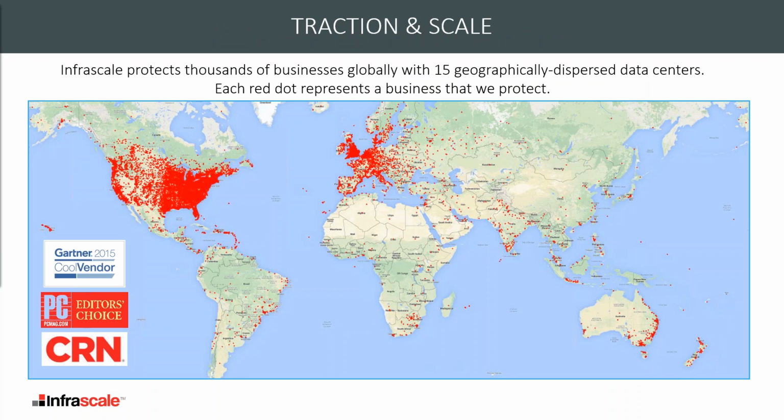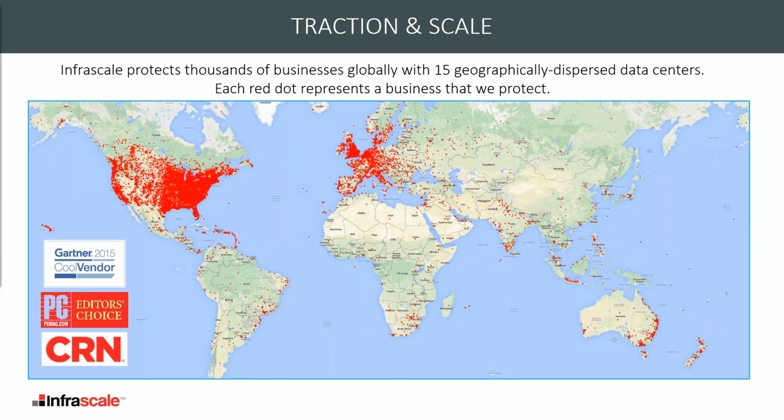Okay, with that in mind, just quickly getting to some of the problems that we saw in the beginning of the webinar. We're going to talk about pricing, and this map here is a great overview of everyone that Infrascale is protecting. Each of these red dots is a business that we're protecting.